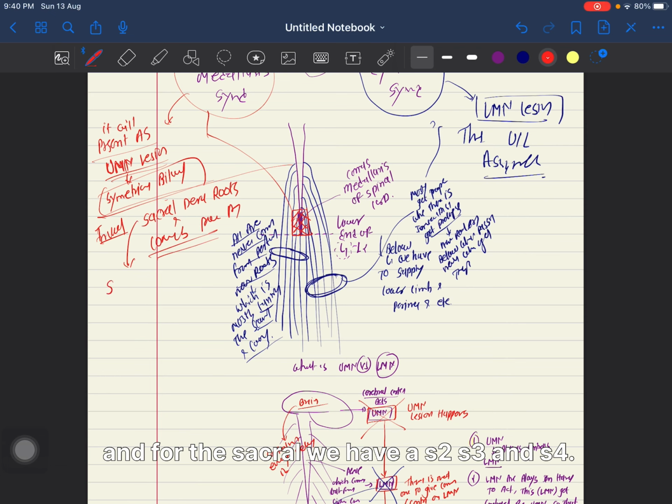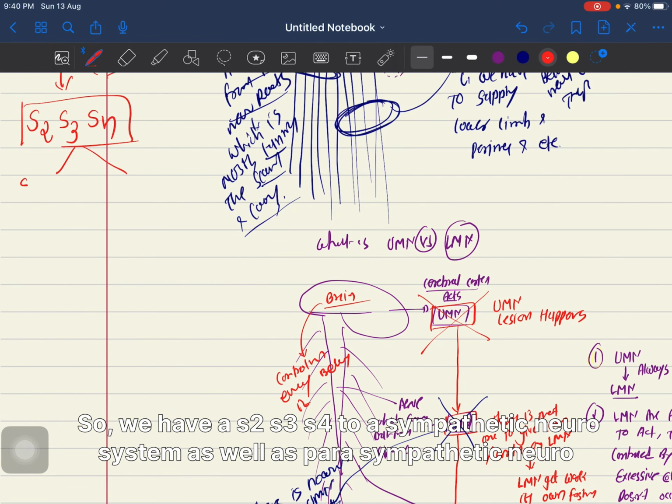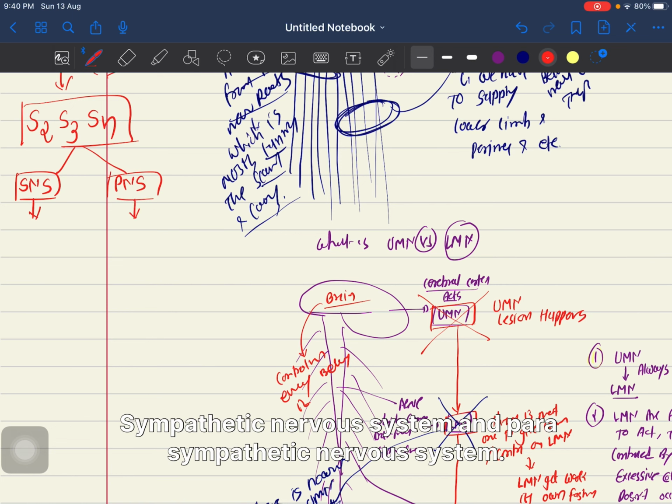For the sacral we have S2, S3 and S4. So we have S1, S2, S3 to the sympathetic nervous system as well as the parasympathetic nervous system.